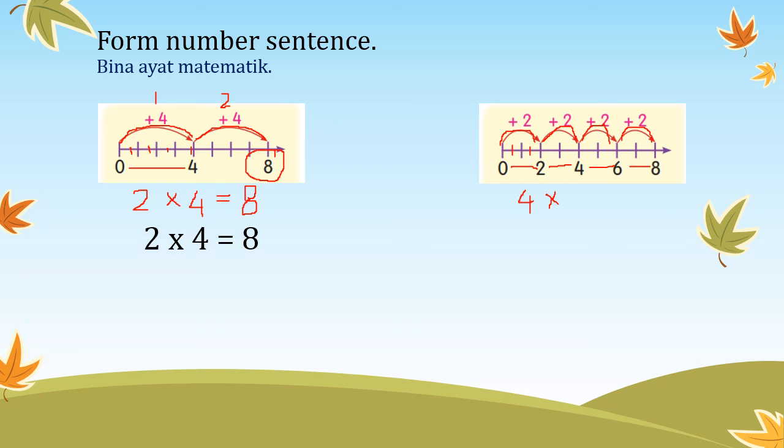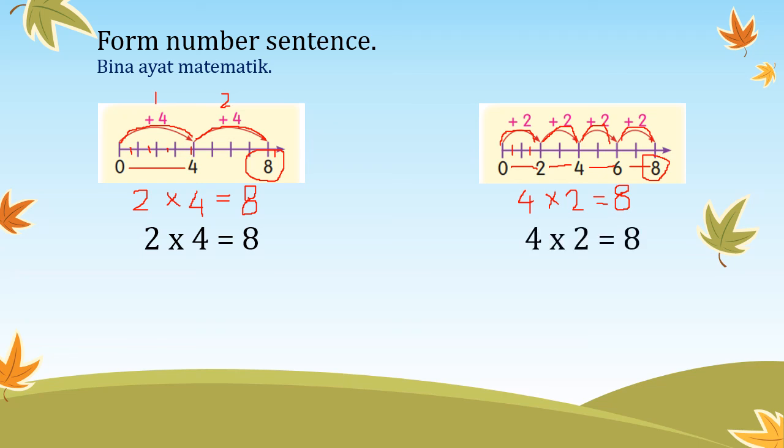So 4 times 2 is equal to the final destination kat sini yang hujung sekali shows the number 8. So we write the answer as 8. 4 times 2 is equal to 8.